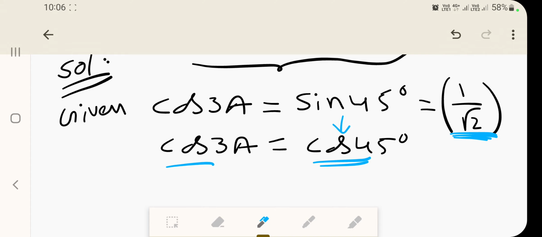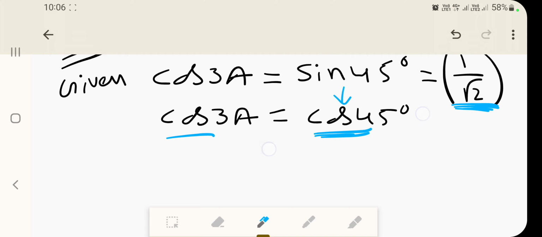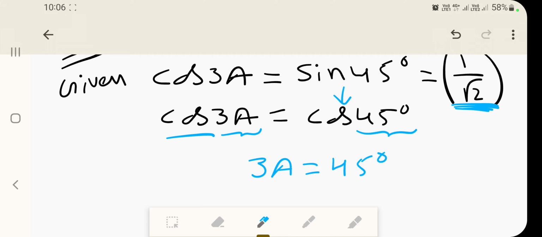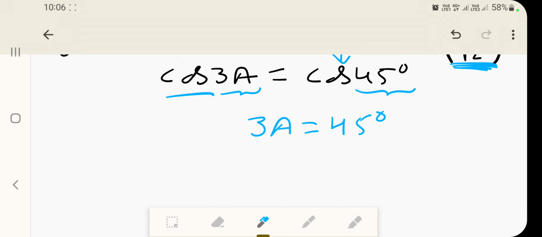Both the sides, left hand side and right hand side, have cos, so we can equate the angles: cos of the angle 3A and cos of 45. So we can write 3A is equal to 45 degrees. Now angle A is nothing but 45 divided by 3.